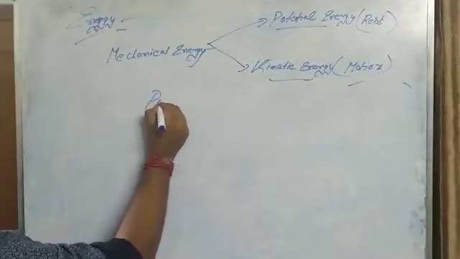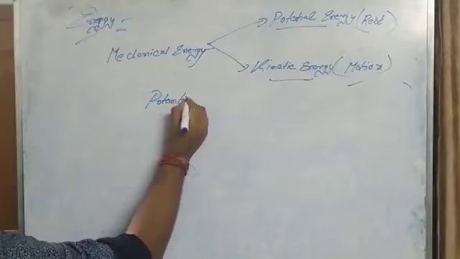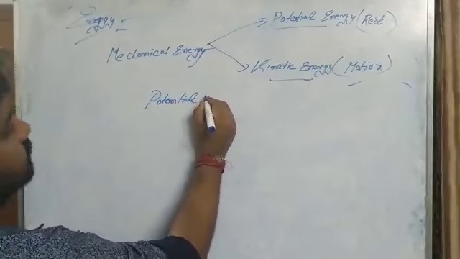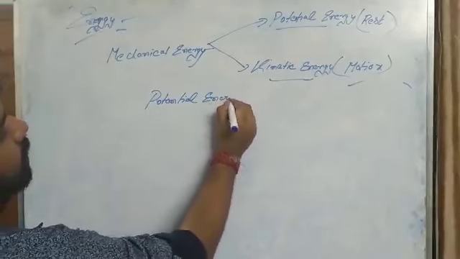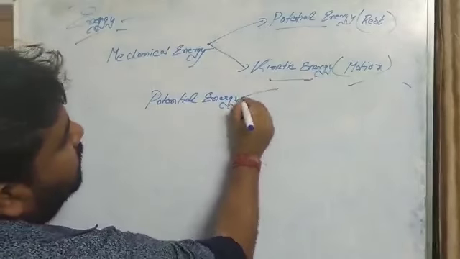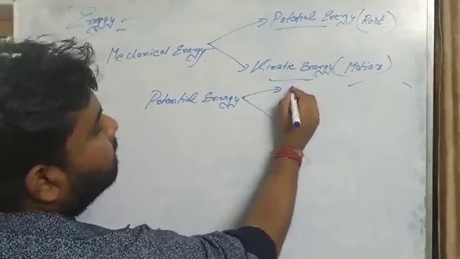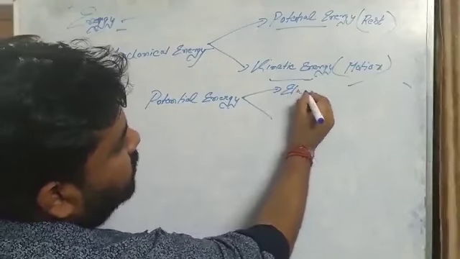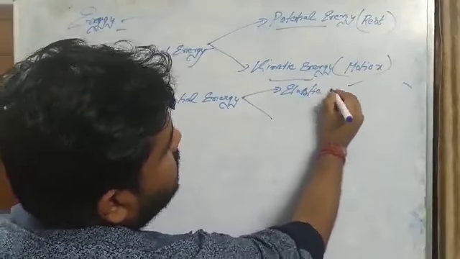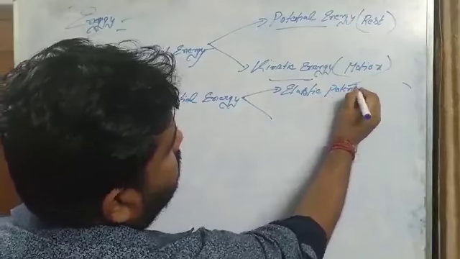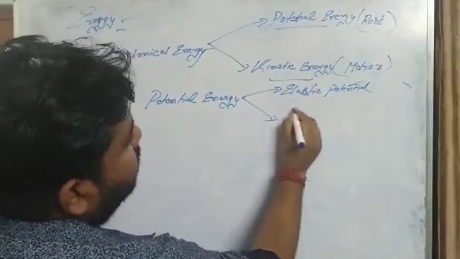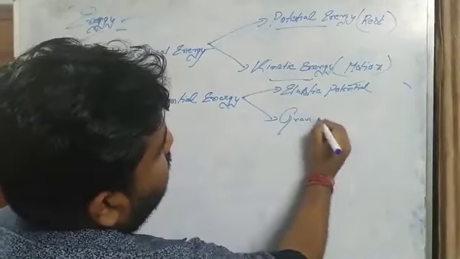Potential energy can also be classified under two categories. Number one, elastic potential. Number two, gravitational potential.